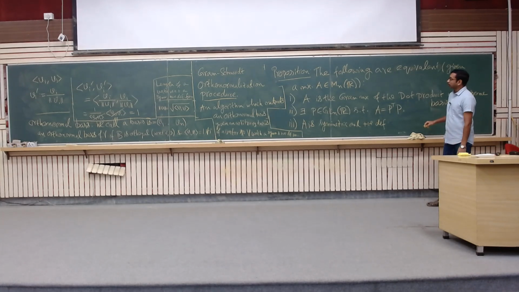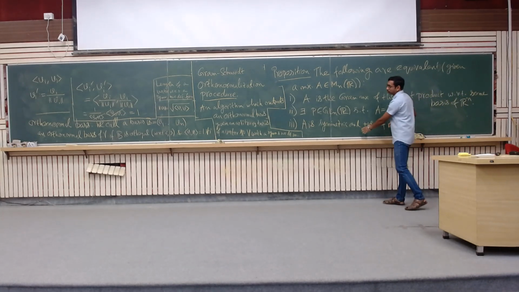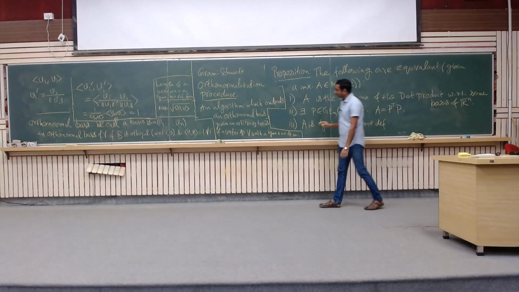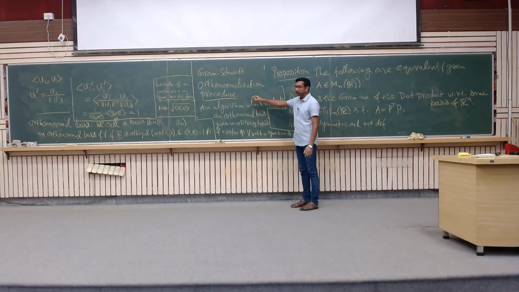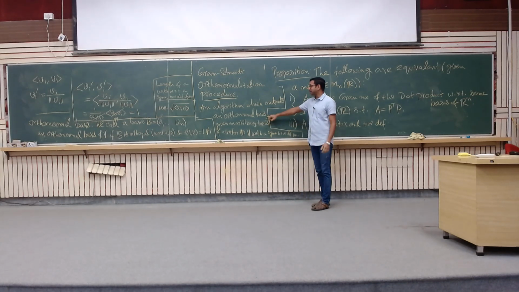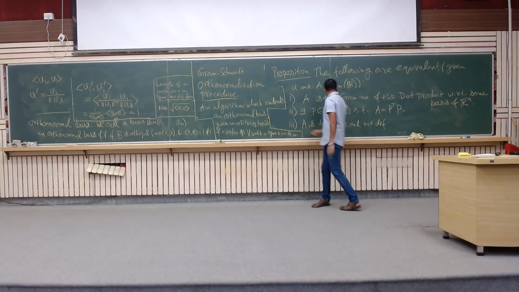So what we will do now, we will take that form, and we know that once we have the Gram-Schmidt procedure, there exists an orthonormal basis. Now, what is the gram matrix of the orthonormal basis? Identity.